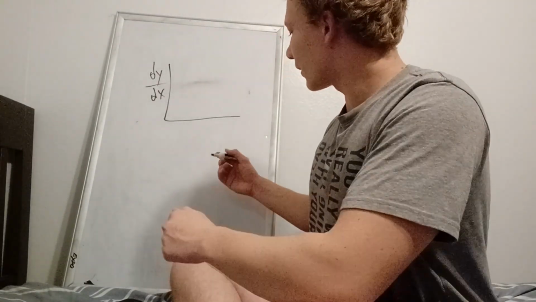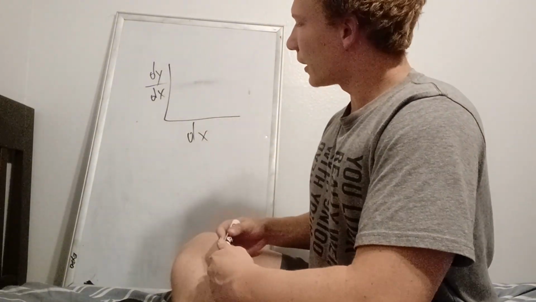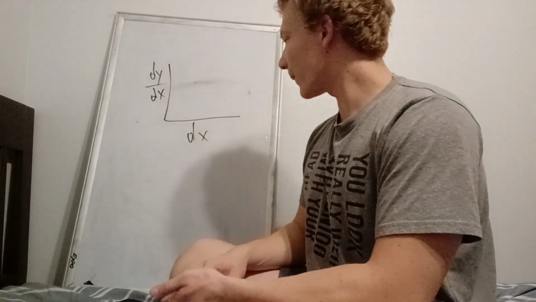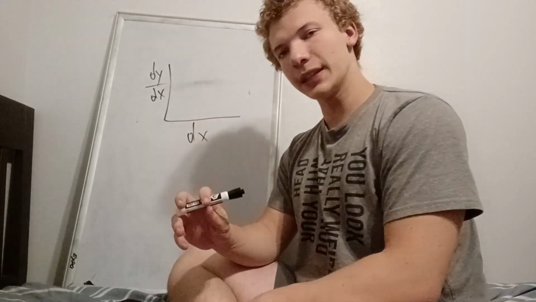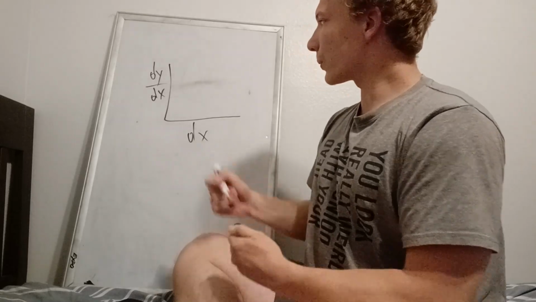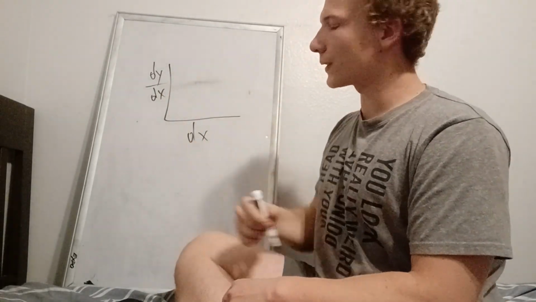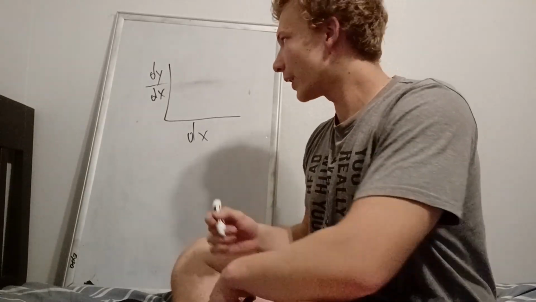Well, our x-axis is always x, right? That makes sense. Except this time I want to make it something a little different. I want to make it dx. Now, what this means is that every time we move over dx, we go up dy. So this bottom axis is in terms of dx, and this top axis is in terms of dy/dx.